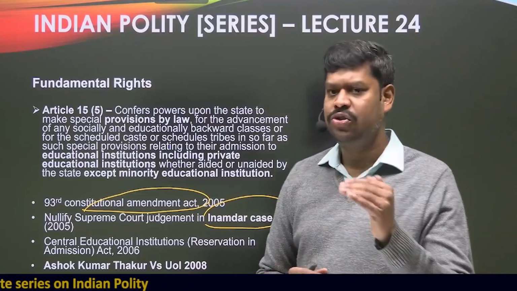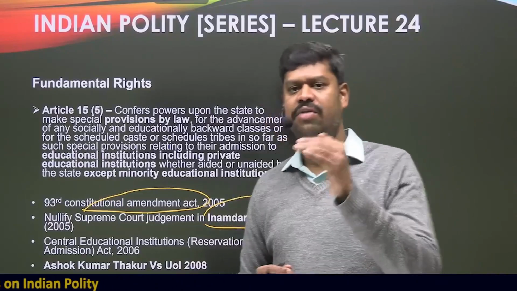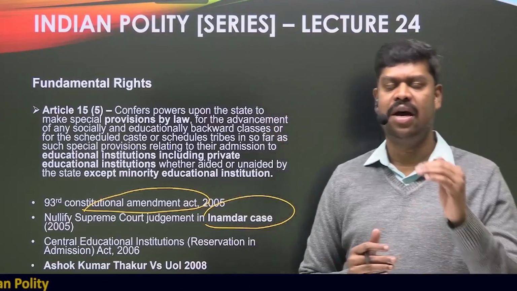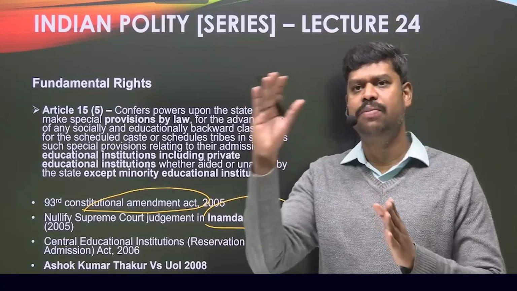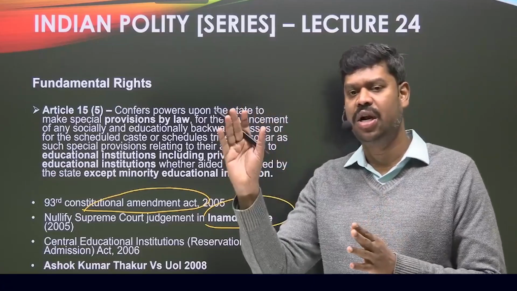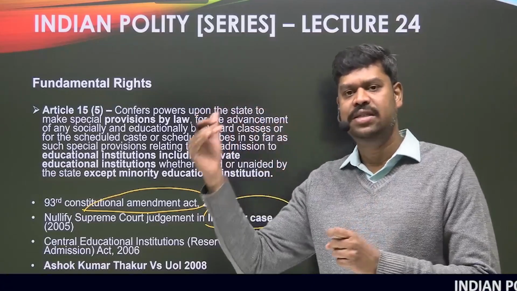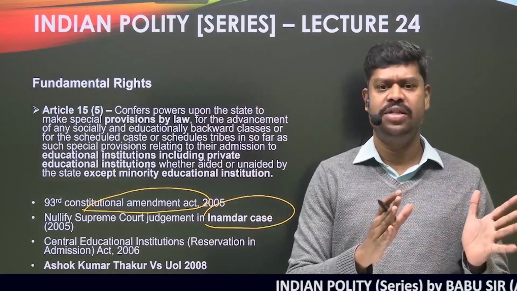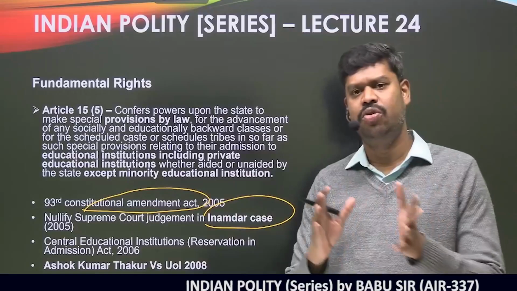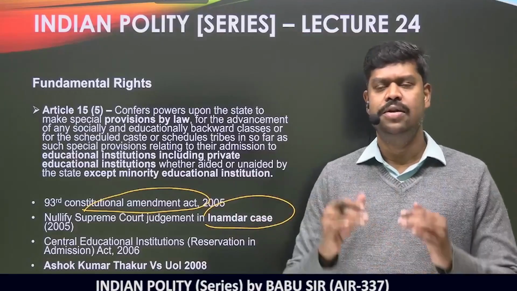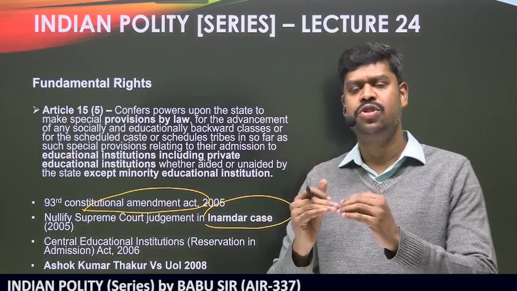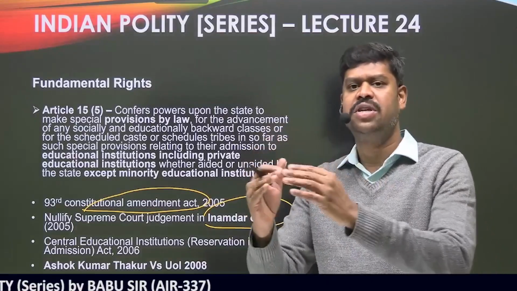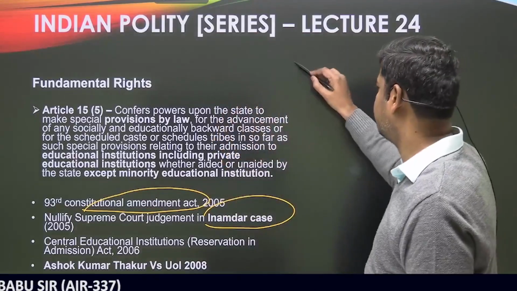The First Constitutional Amendment Act inserted Article 15 Clause 4, and by Article 15 Clause 4, there was an enabling provision. That enabling provision allowed the state to make reservations in the educational institutions for the benefit of socially and educationally backward classes and the scheduled caste and the scheduled tribe. So this enabling provision was used by the state to further give reservation in the private educational institutions.